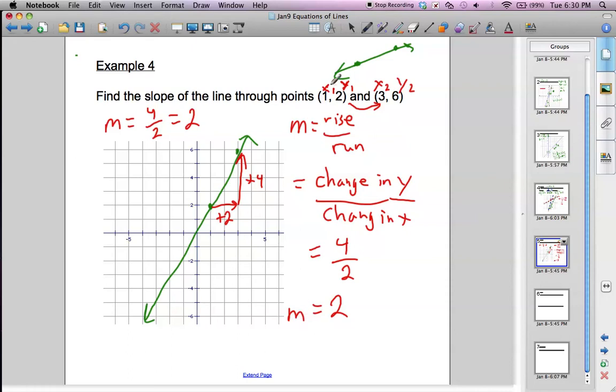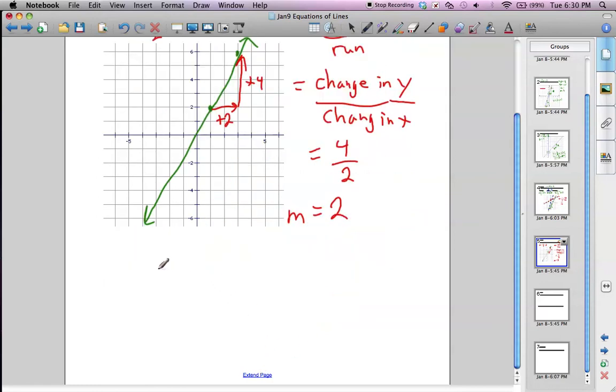So you can look at these numbers here and find the change in y and the change in x and calculate it that way. Okay? So for any points, you can always do this. You can find the change in y by just subtracting the y values. You can find the change in x by just subtracting the x values.